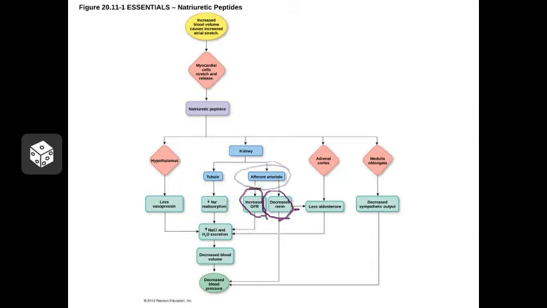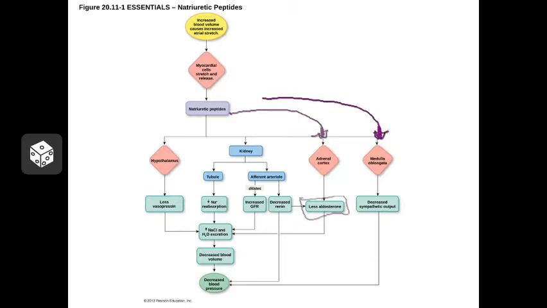The decreased renin will have the effect of lowering aldosterone, but ANP also targets the adrenal cortex to lower aldosterone. And then we also see ANP target the medulla oblongata, and the overall sympathetic output is decreased.